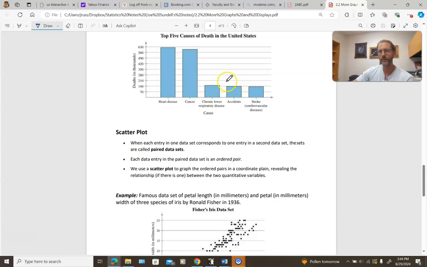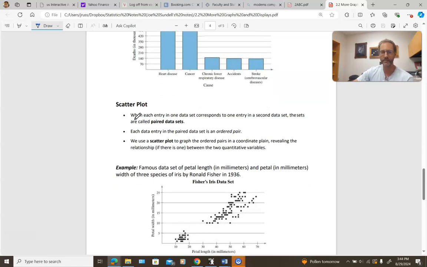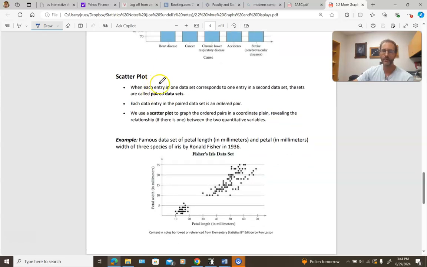And then the last 2 that we're going to talk about are a scatter plot and also a time series chart. Okay, these are typically used when we have paired data sets. Okay, so when one entry of the data set corresponds to one entry in a second data set, the sets are called paired data sets.